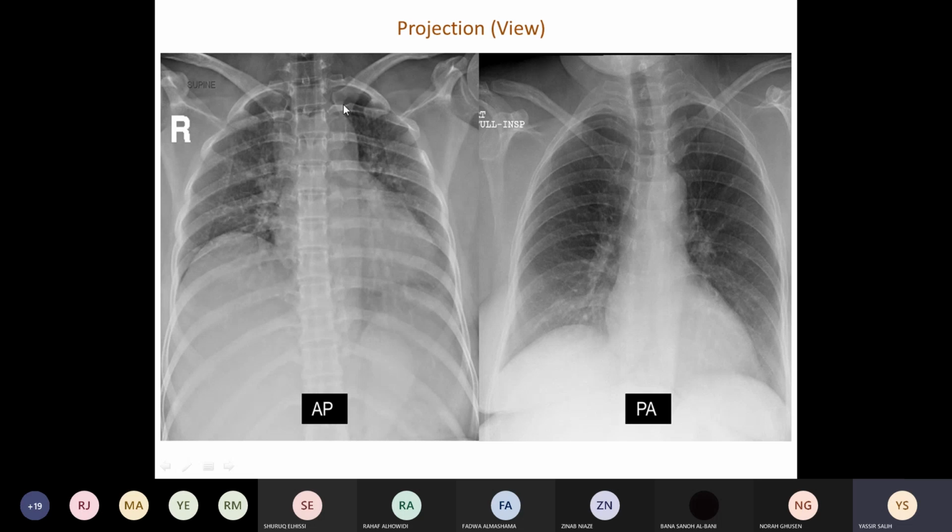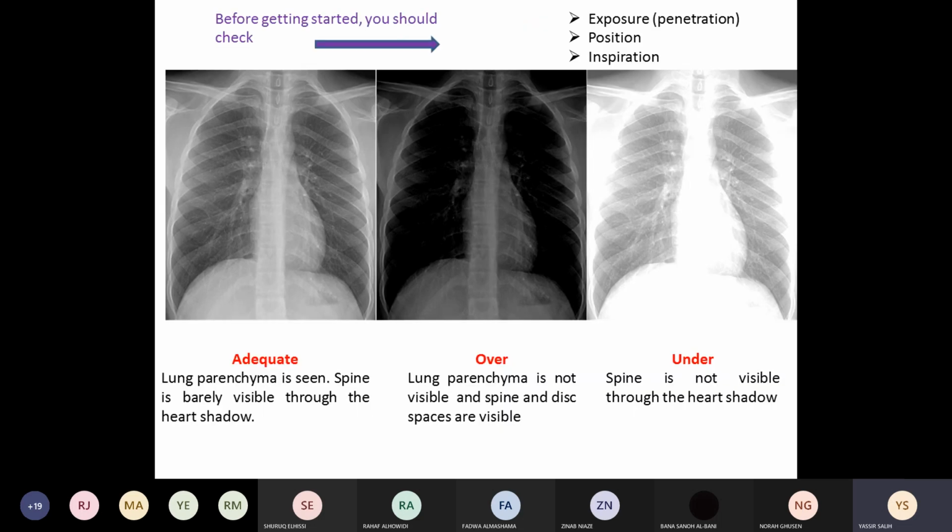So also if there is any abnormal lesion in this apex, it may be covered by this clavicle. But here the apex is clearly demonstrated. So these are the differences between the AB and BA chest X-ray.